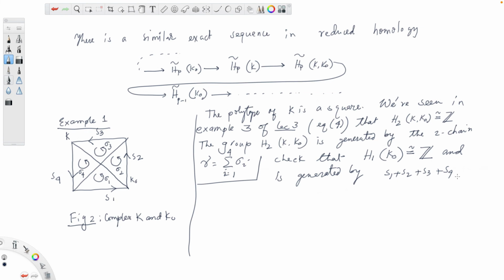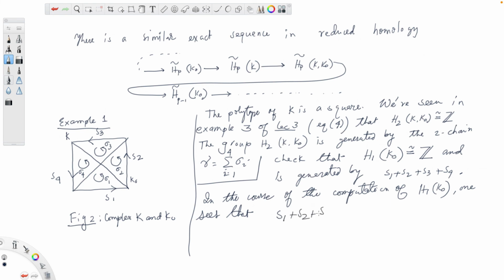In the course of the computation of H1 of K0, when you do the computation, you will find that S1 plus S2 plus S3 plus S4 is nothing but 2 times del 2 of gamma, right?